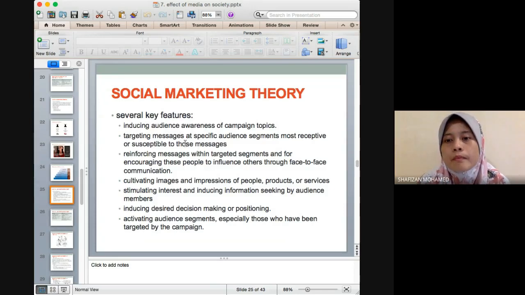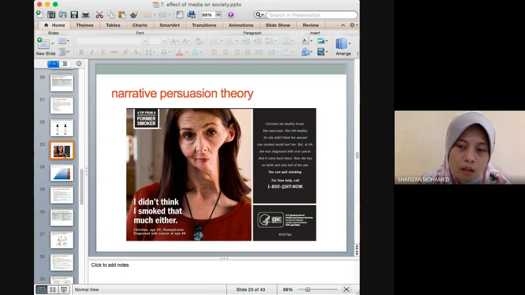And it allows you to target messages at specific audience segments. Like here, when we talk about non-smoking campaigns, it has to depend on who you are targeting.